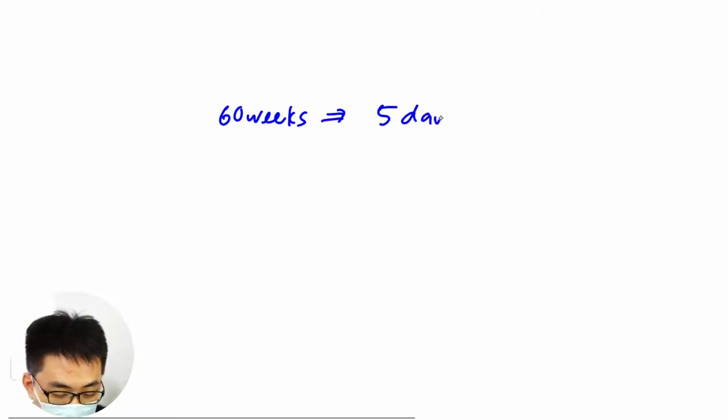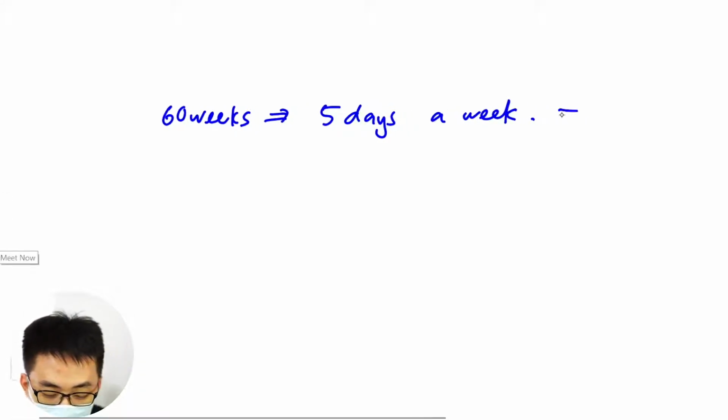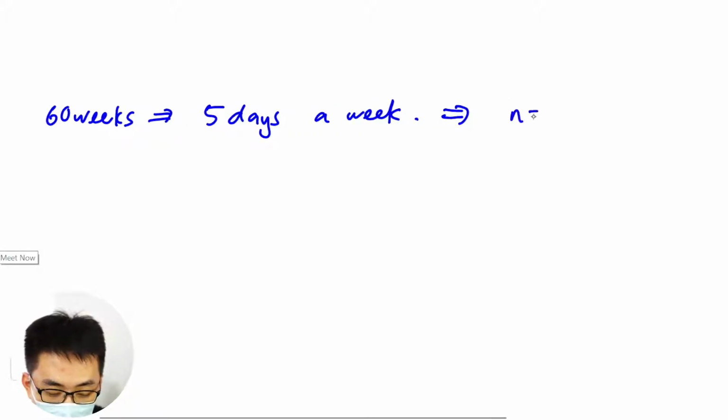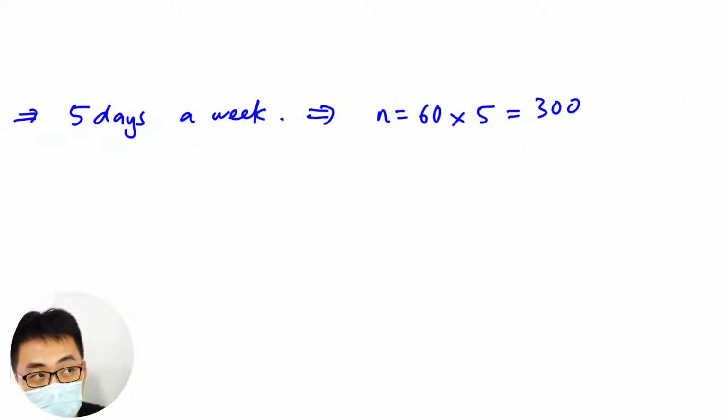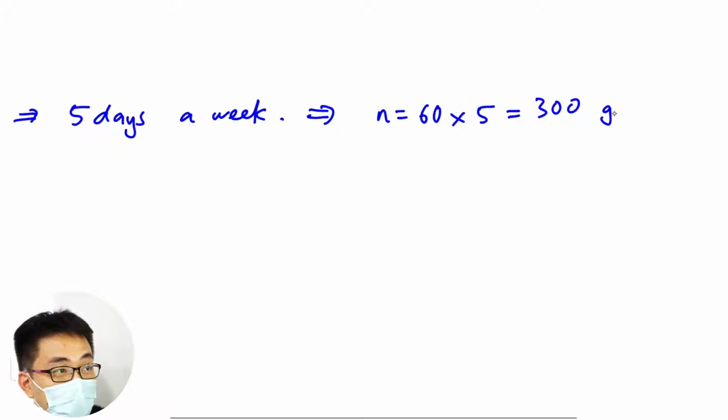You have a 60-week period. Each week you have 5 days a week of the game show. So essentially, n will be 60 times 5, which is 300. You don't care about the weeks. Essentially, you have 300 game shows.